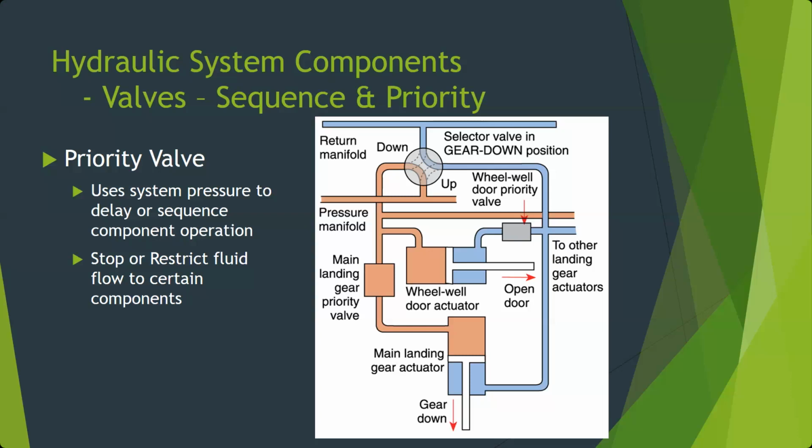So now if we flip this valve to the up position, fluid will be ported over to the right, and you can see it'll freely flow to the gear side. Once the gear's up, then it'll overcome this door well priority valve, and that will send fluid to push the door actuator to the left. Okay.